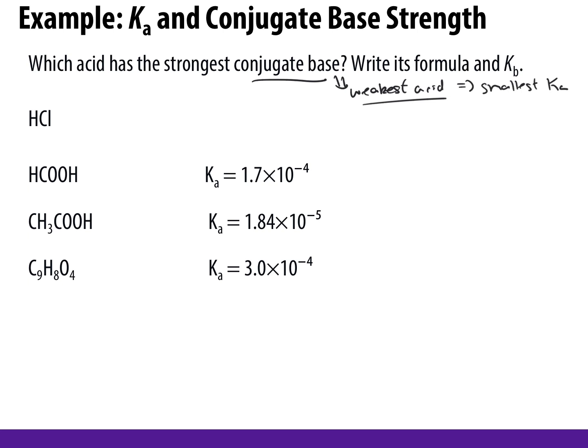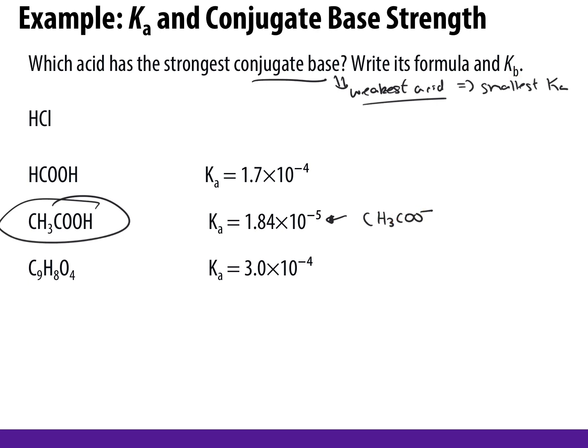That means that the weakest acid is right here, CH3COOH, that's the smallest Ka. That therefore means that the acid that has the strongest conjugate base is acetic acid, and its conjugate base is CH3COO minus, just subtracting a hydrogen and reducing the charge by 1.